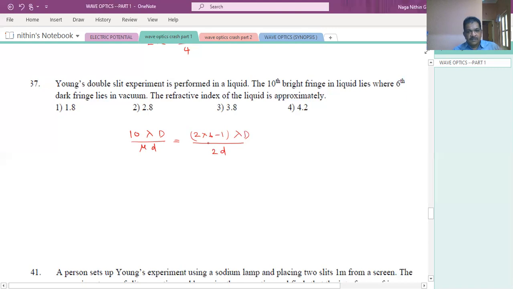This is the distance of the 6th dark band in vacuum, and this is the distance of the 10th bright band in liquid. Lambda D by d, lambda D by d will cancel. This will be 11 by 2. Then mu is equal to 20 by 11. So this is 1.8. This is the answer for it.